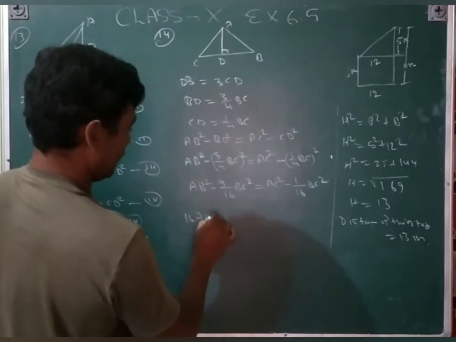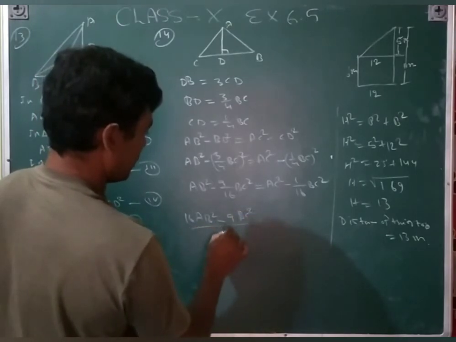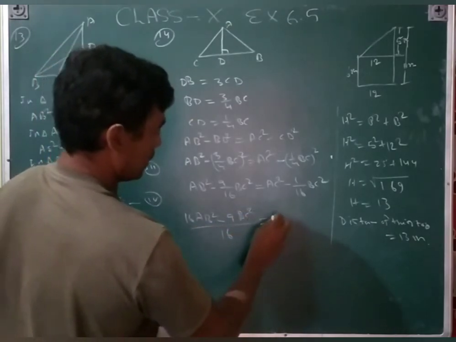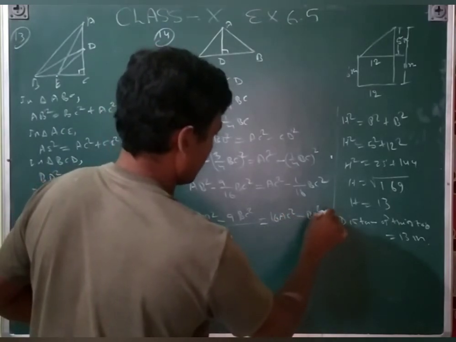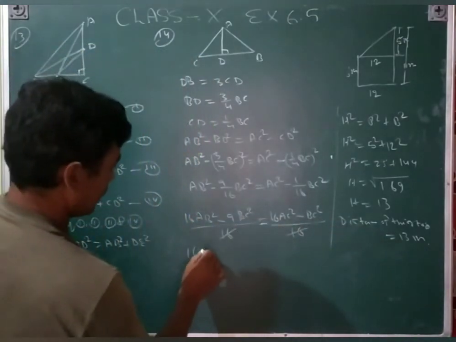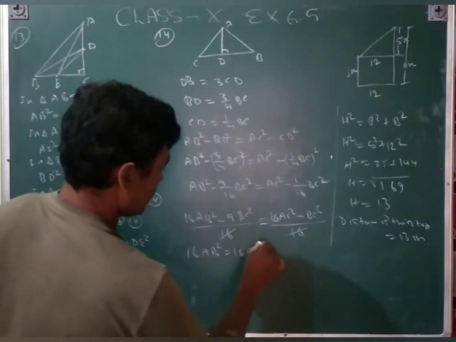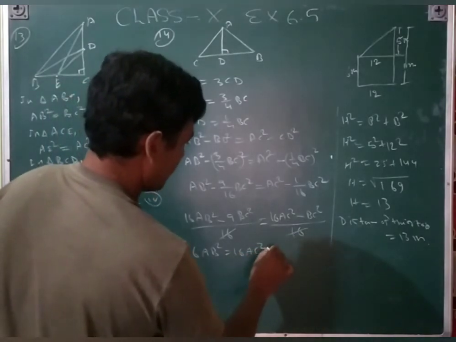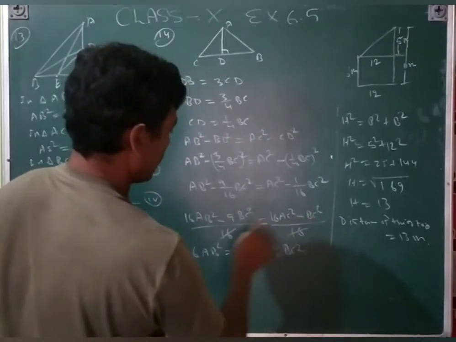So 16 AB square minus 9 BC square over the LCM, and 16 AC square minus BC square over the LCM, so that cancels. So 16 AB square is equal to 16 AC square plus 8 BC square, because this goes to that side, so that will be plus.